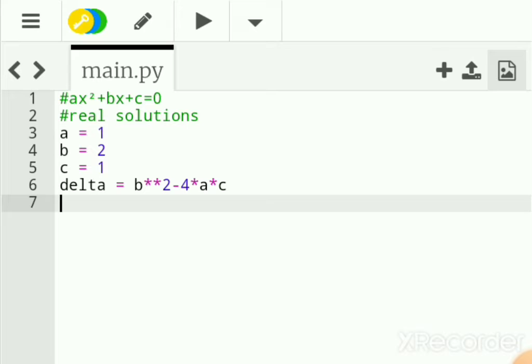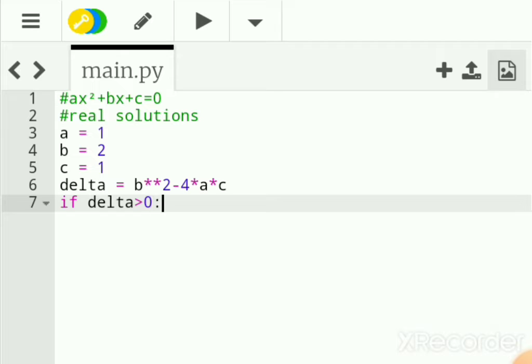The first is if delta is positive, absolutely positive. So this is the condition we will write. If delta is greater than 0.